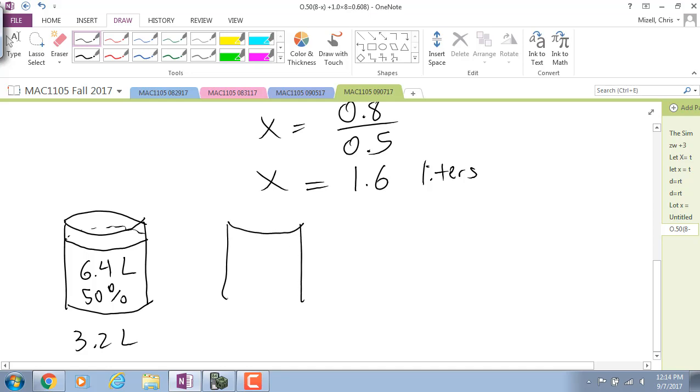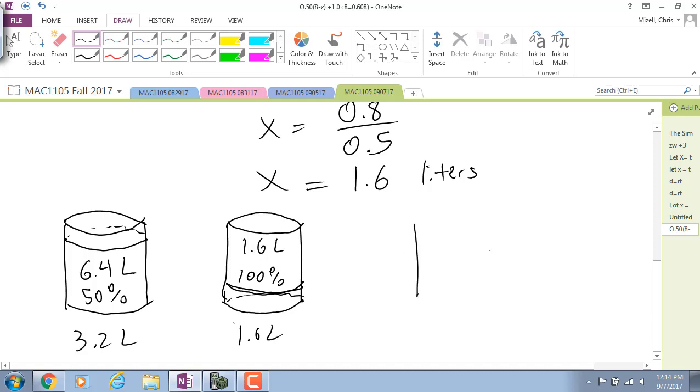Now we're going to add to that 1.6 liters of pure antifreeze. How much antifreeze is in 1.6 liters of pure antifreeze? 1.6.